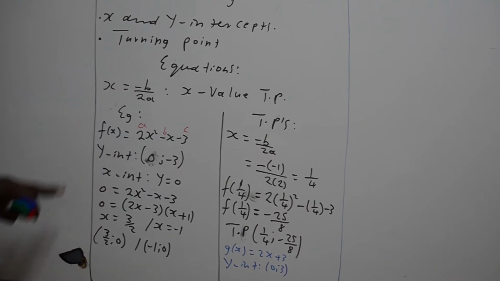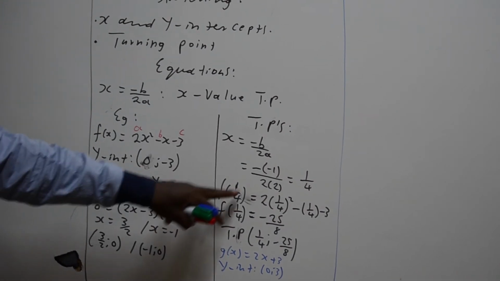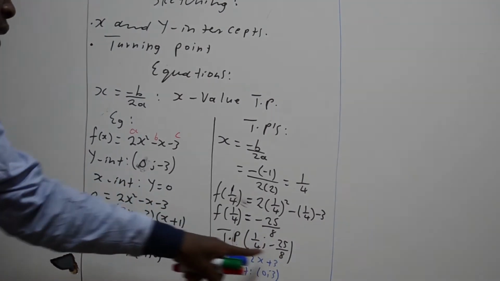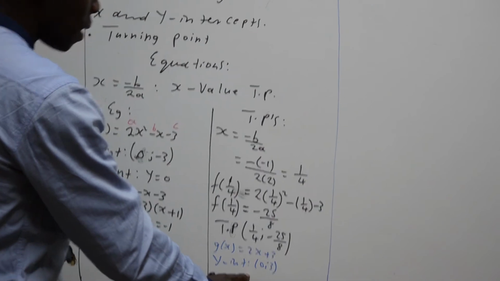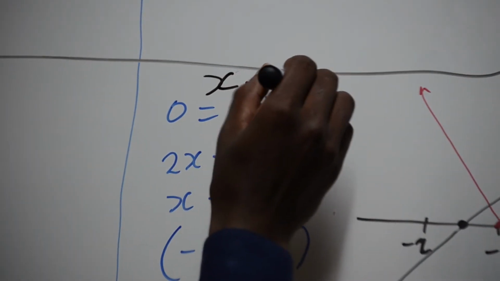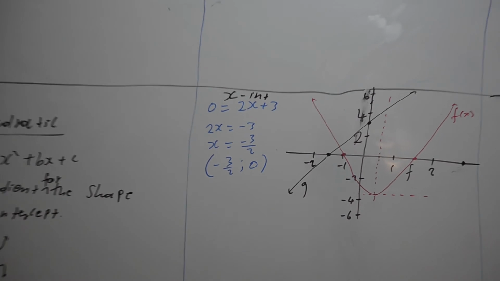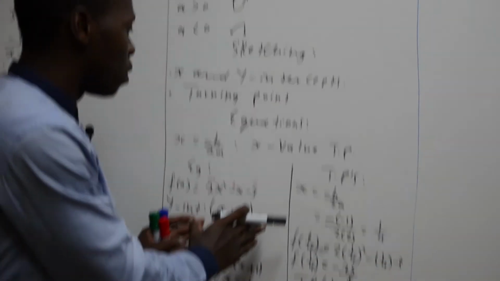You just have to use it, then substitute the value to find y. Then the coordinates of the turning point are here. Straight lines need only the x-intercept and y-intercept, so solve for x. In sketching we mostly solve for x. So this is the graph for a parabola.